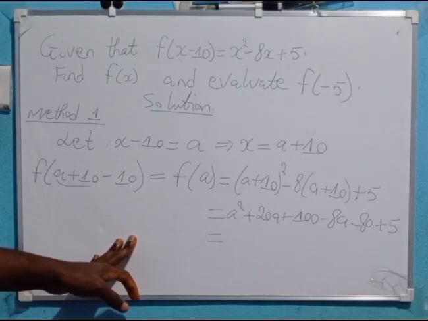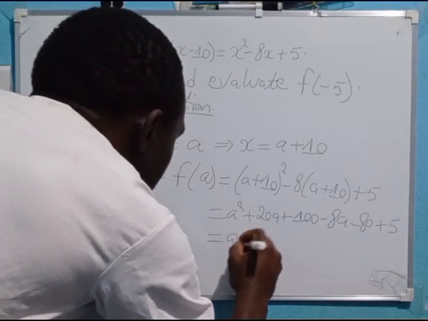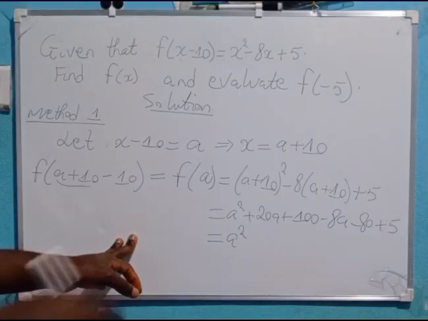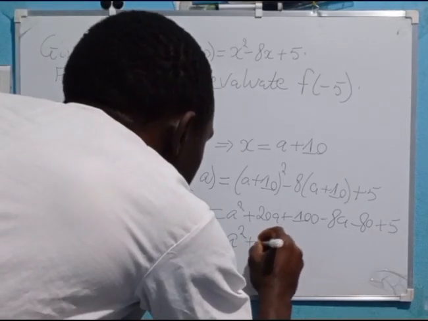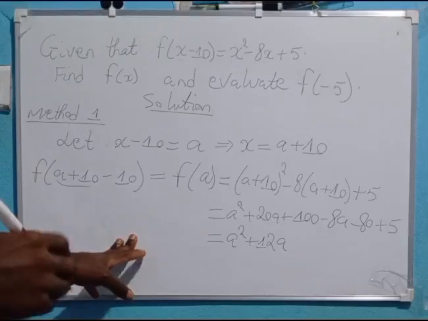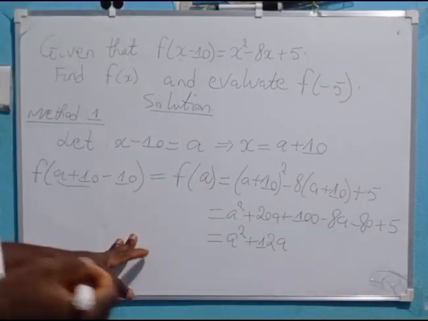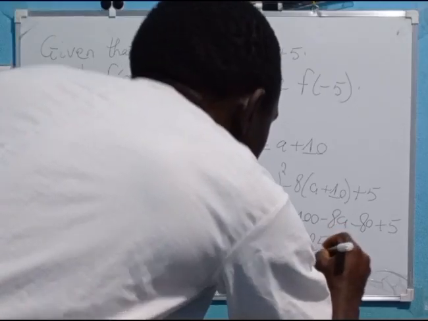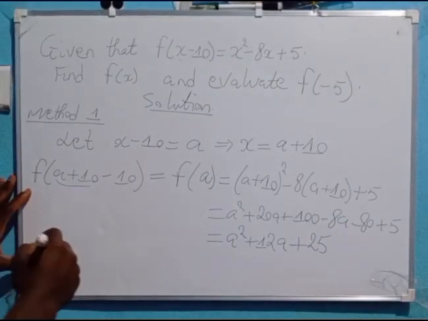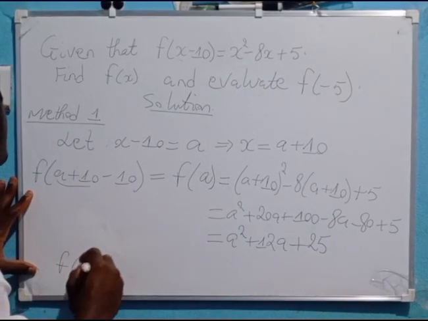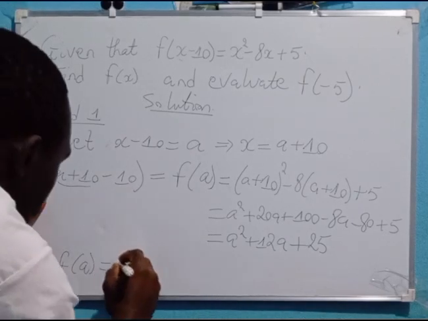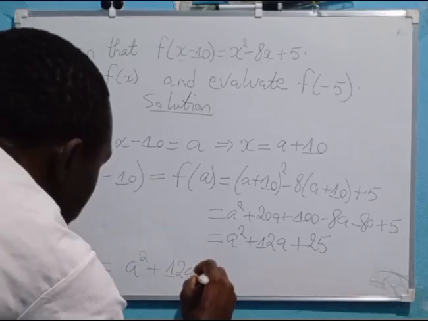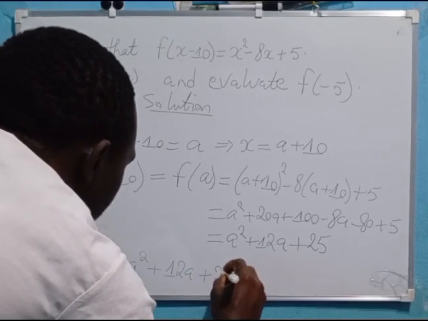This will simply be equal to a squared. 20a minus 8a gives us 12a. 100 minus 80 gives us 20 plus 5 gives us 25. This will give us f of a to be equal to a squared plus 12a plus 25.